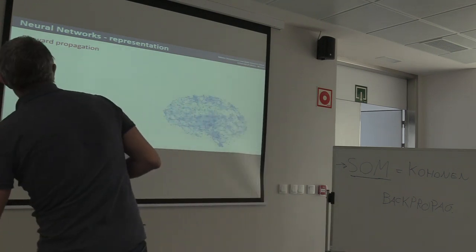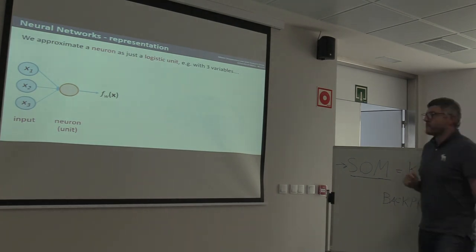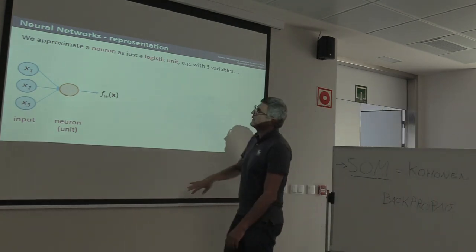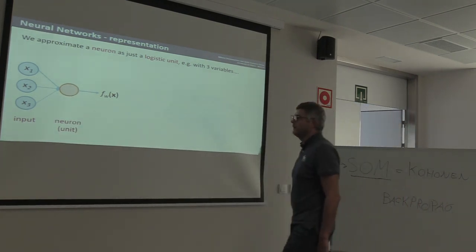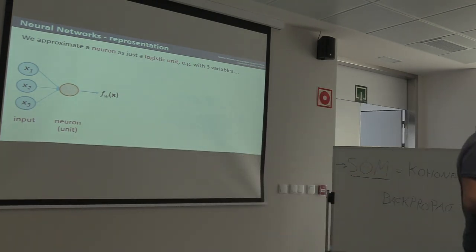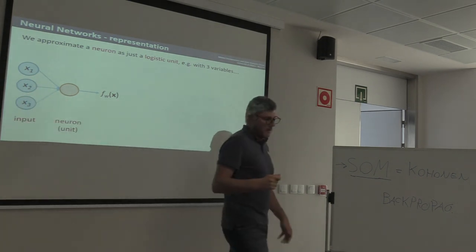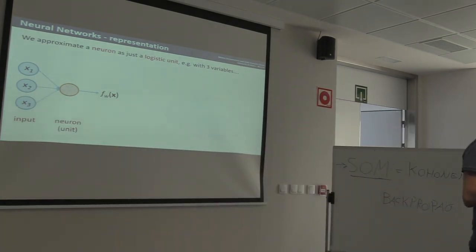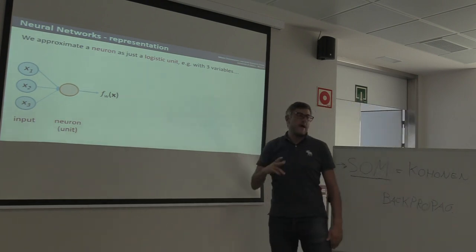So, imagine, in this visual representation, that this circle is a neuron, one of the units which constitute the network. And imagine that we have our data, our input. Just to make a simple example, let's say that we have just 3 variables in our data set.